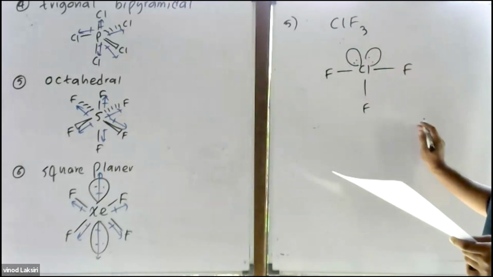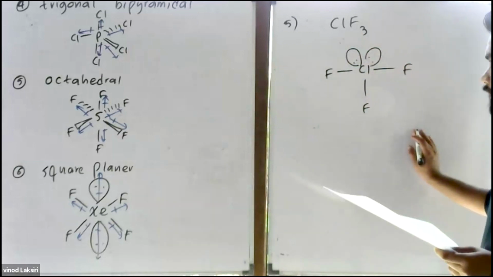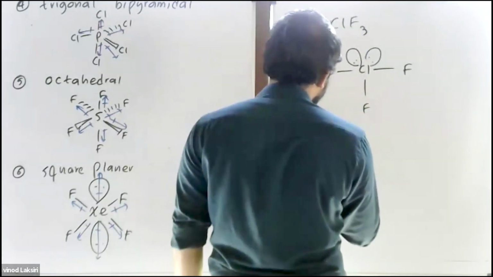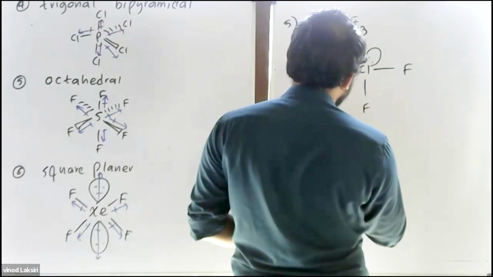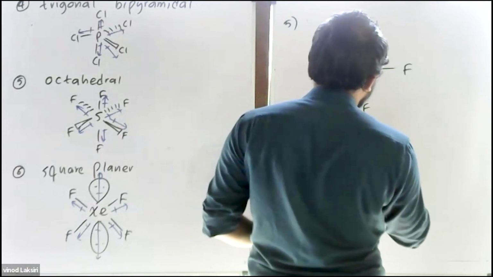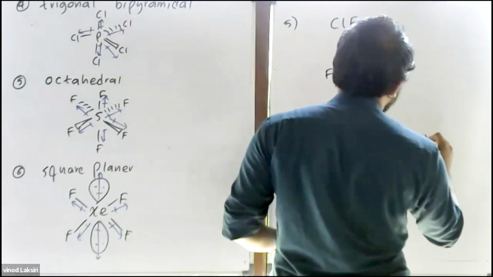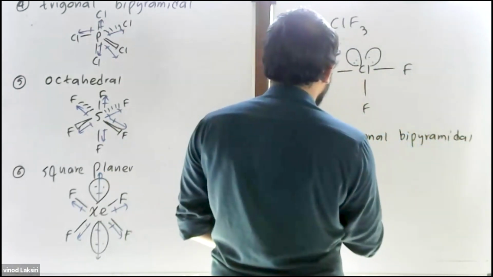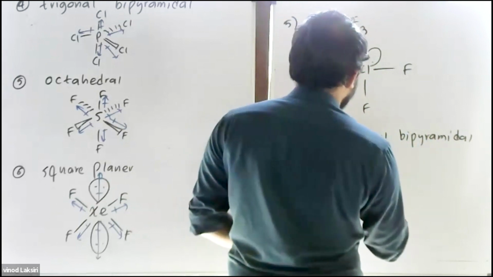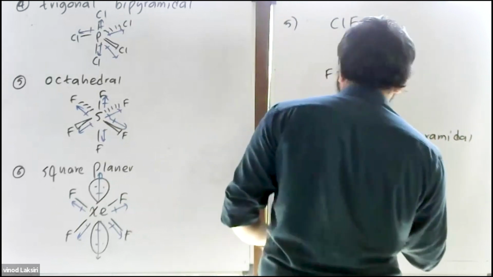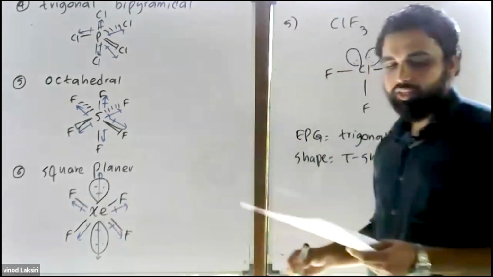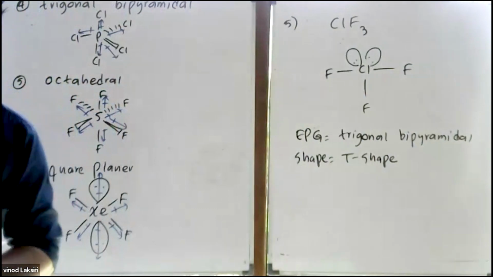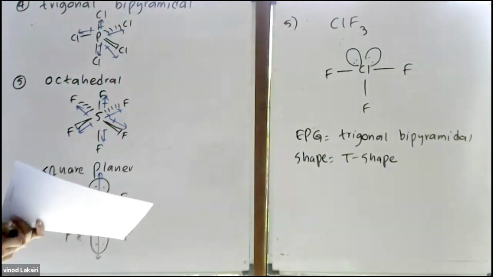Then what is the shape? Shape is T shape. Electron pair geometry, EPG, is trigonal bipyramidal. So the statement that the shape of ClF3 is trigonal planar is false. The shape is T shape and the electron pair geometry is trigonal bipyramidal.